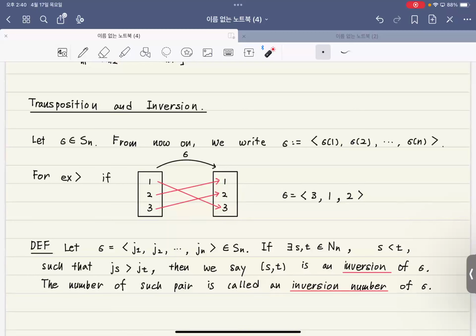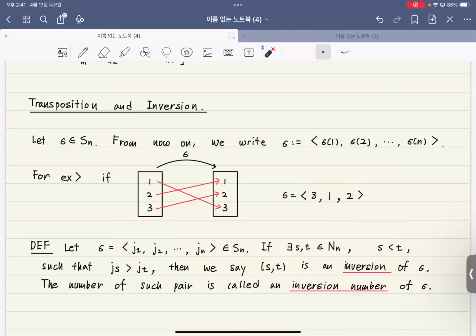So again, let us practice this. What do you think is the inversion number of this permutation? I can see I have 3 and 1 here, which is the opposite of the natural order of the integers. So there I can find 1 inversion, and 3 and 2. Yeah, 3 came before 2, and this is the opposite of the order. So there's another inversion. But here I have 1 and 2, and 1 appears before 2, so this is not an inversion.